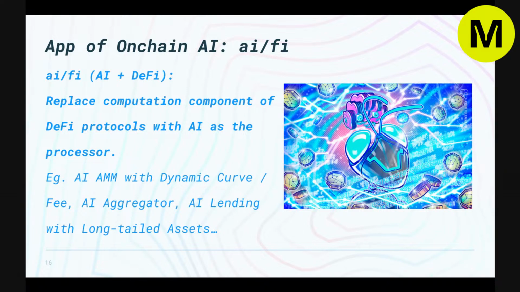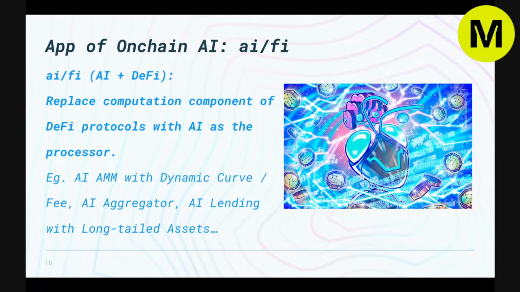And for every computation, because AI is a kind of general-purpose computer, you can use AI to replace all these hard-coded values with an AI algorithm. So, for example, you can use AI to calculate a dynamic curve and fee to build a new AI AMM.